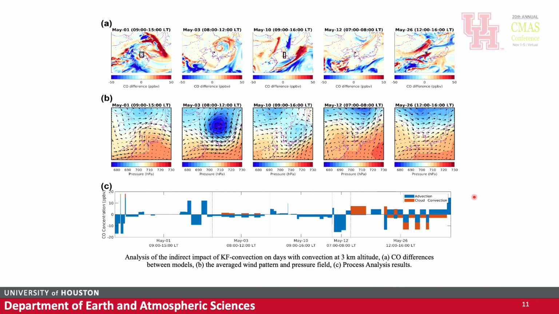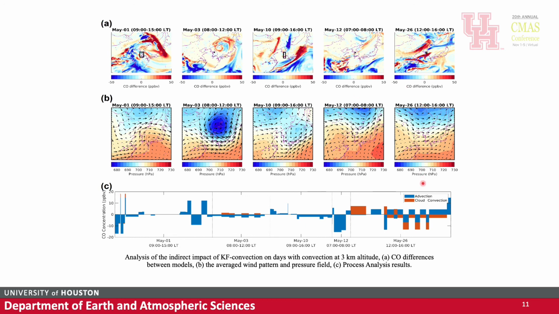I tried to see the process analysis results to focus more on the impacts and differentiate between the impacts that are caused by long-range transport, the advection, and the impacts caused by cloud convection, the direct impact that we talked about in the last slide.